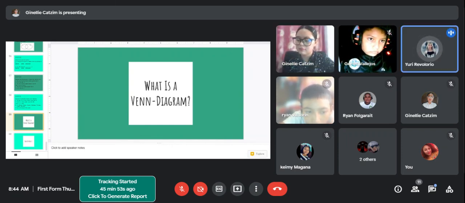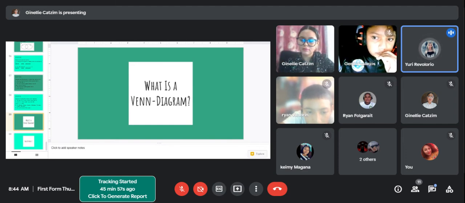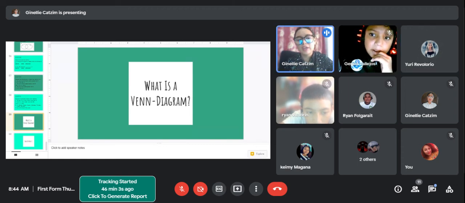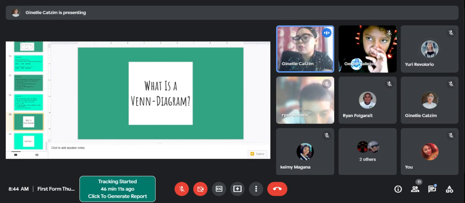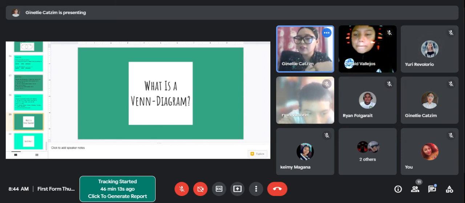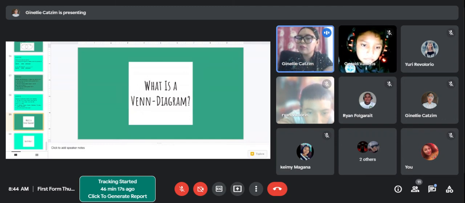A Venn diagram is an illustration that uses circles to show the relationship among things or finite groups of things. Okay, very good. A Venn diagram is a pictorial representation of a set, which is also an illustration. It represents the relationship between different sets.